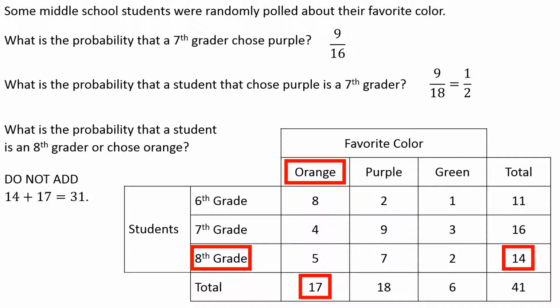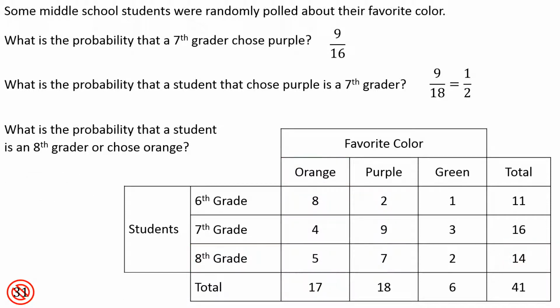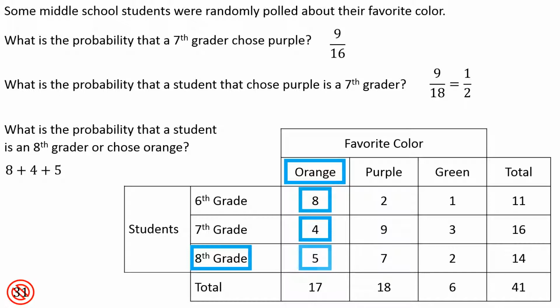I'm going to put the no 31 down there in the bottom left corner as a reminder. What should I do instead? Well, I need every student that either selected orange or they are an eighth grader. And each of those entries is what needs to be added together.